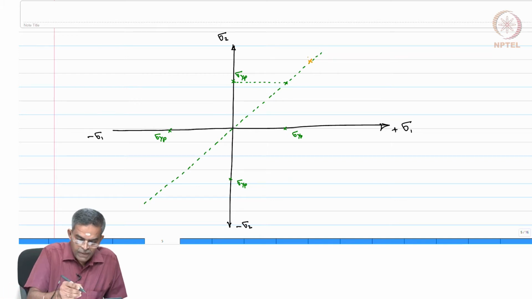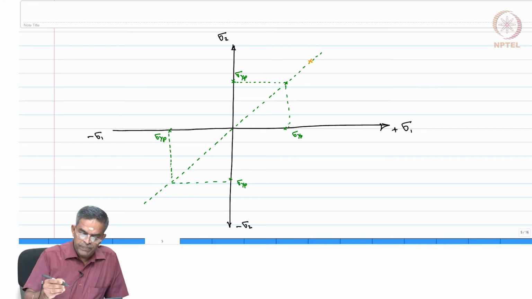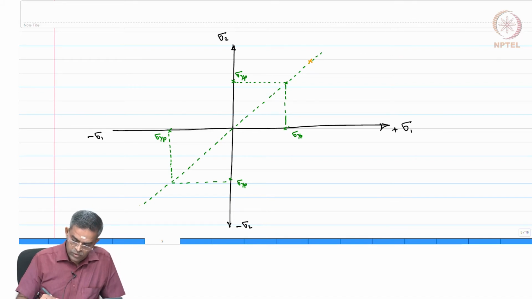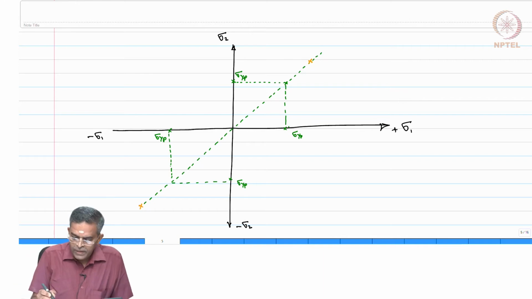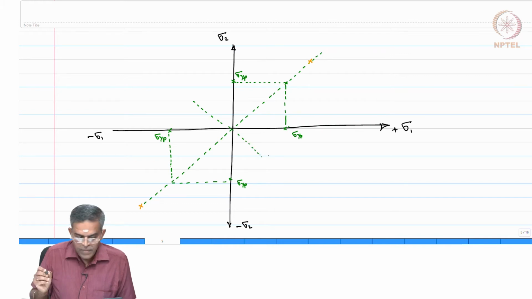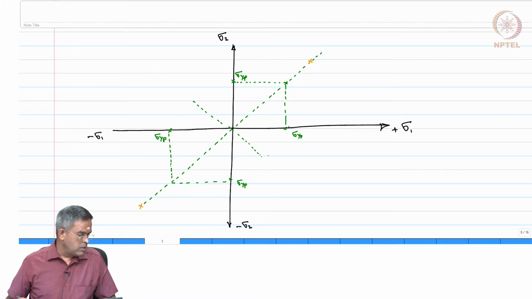Similarly, even in the third quadrant, for sigma 1 and sigma 2 both remaining compressive, even this is true, it exceeds. Whereas, in the off diagonal sides, these values are lesser. I will come to that point how we work it out.